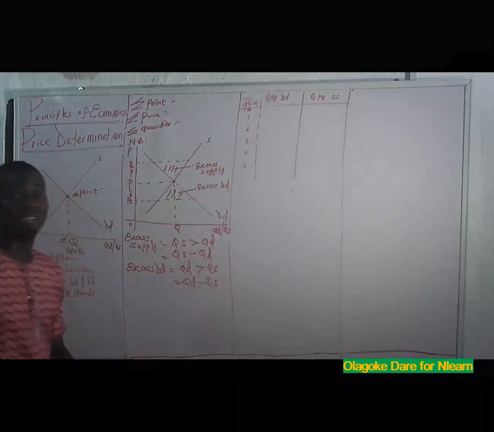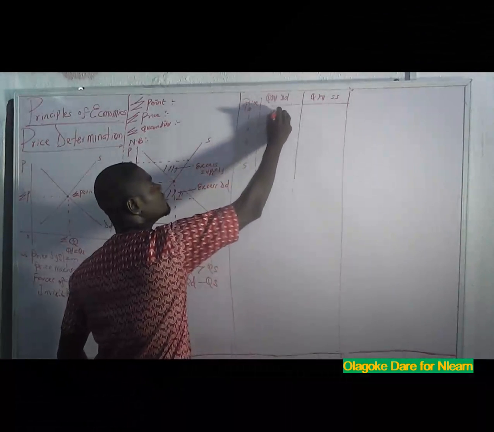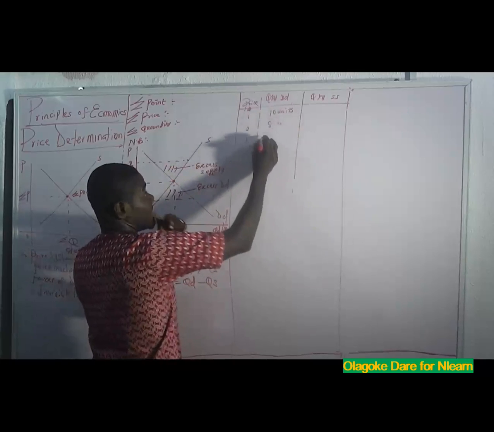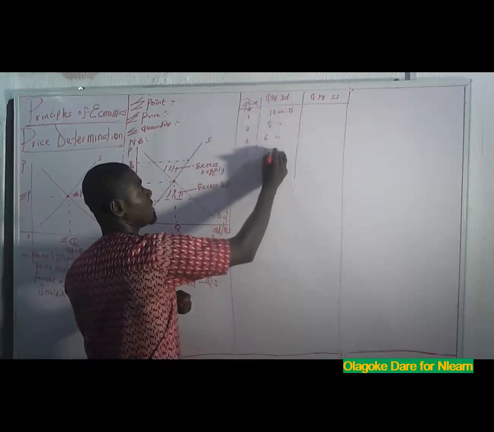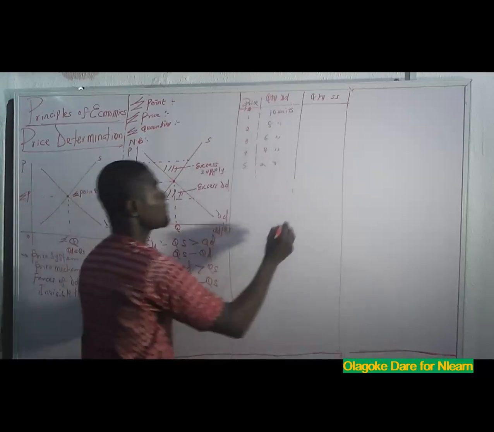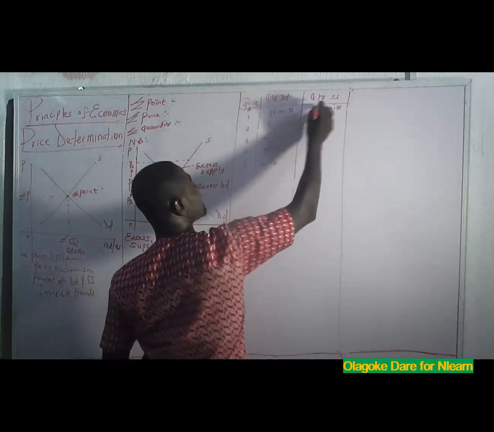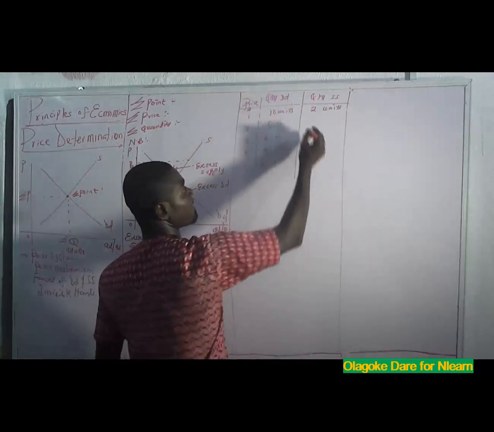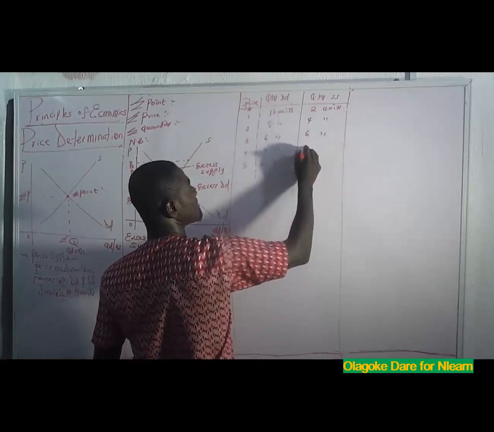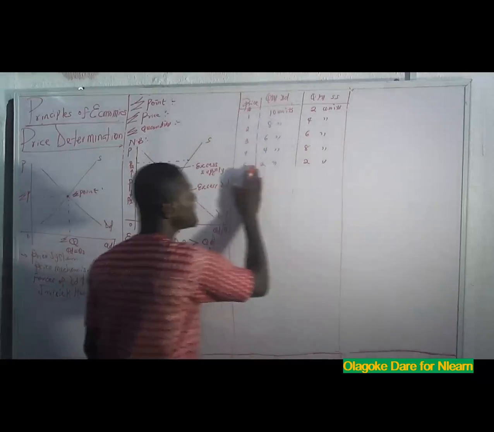The law of demand says the higher the price, the lower the quantity demanded. So if I have 10 units here, as the price increases, my quantity will reduce based on the law of demand. For supply, as the price increases, quantity supplied will increase. Here is 2 units, here is 4, here is 6, and here is 8.